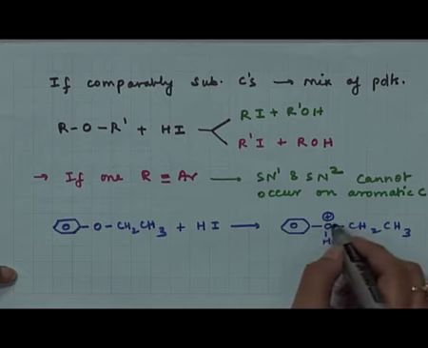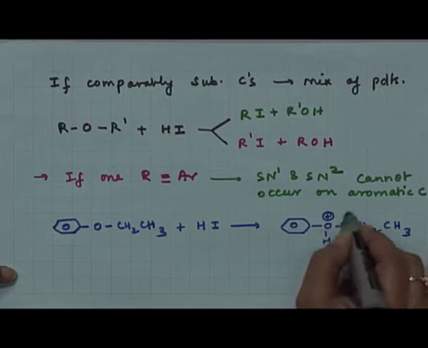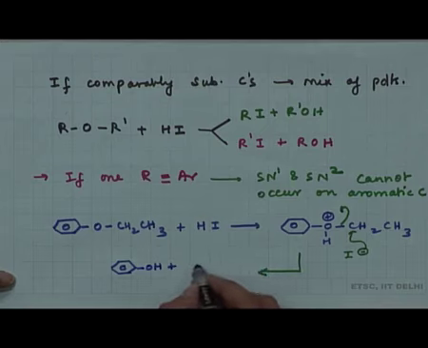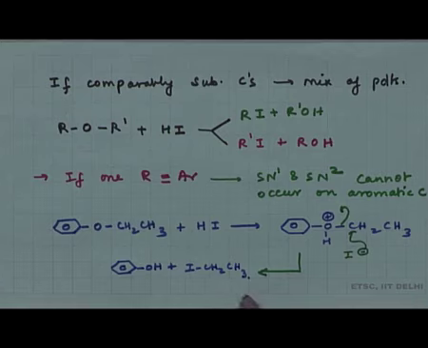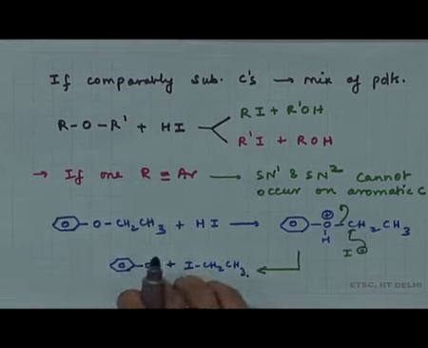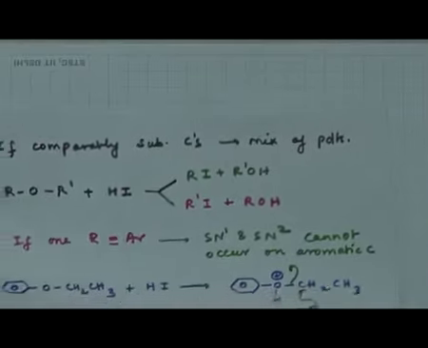So, the only option which you are left with is that in this case you only end up with these two products, which is a phenol and the alkyl halide. So, this is about the cleavage of the acyclic ethers, which is the acid catalyzed cleavage.